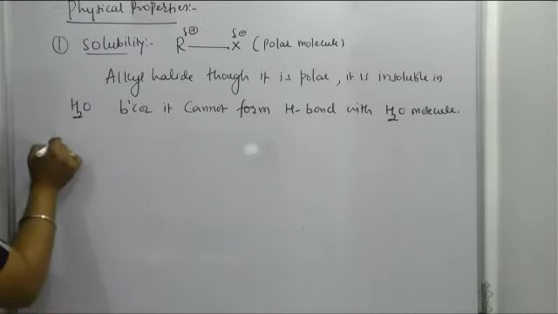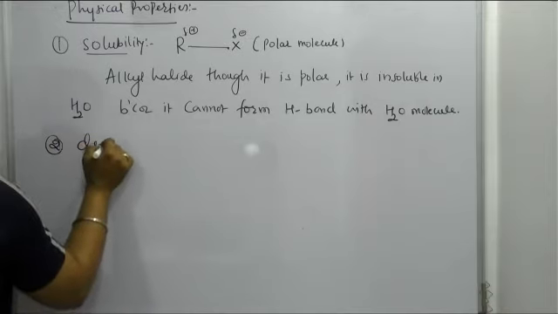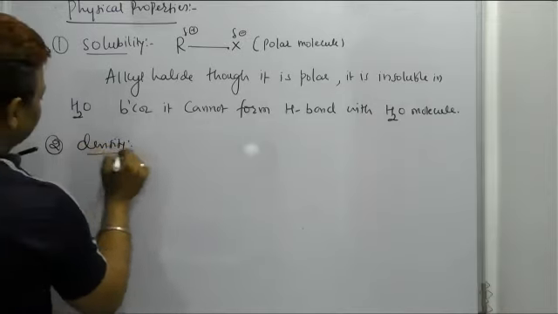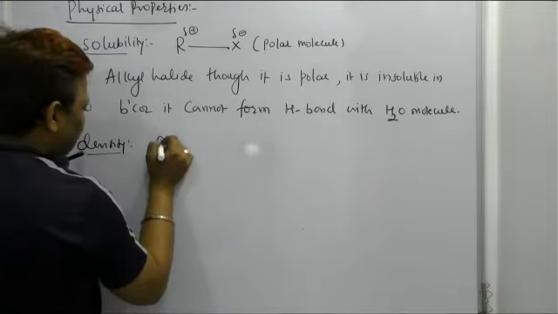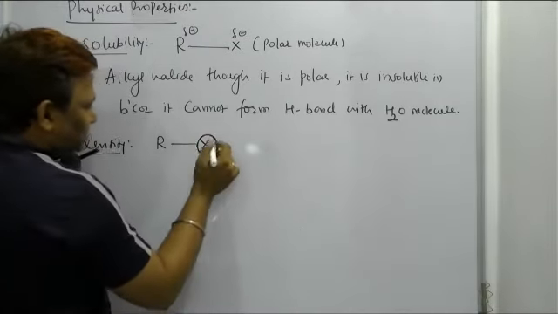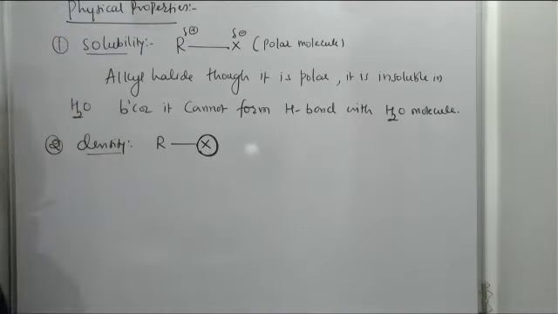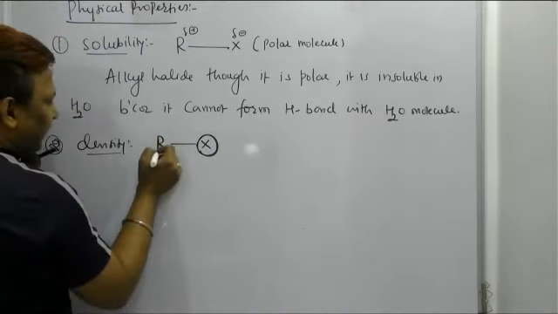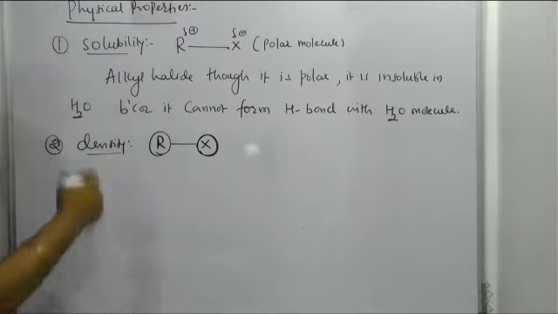Second point we'll write: density. If the atomic mass of halogen increases, density increases. If the number of carbon atoms increases, density increases.